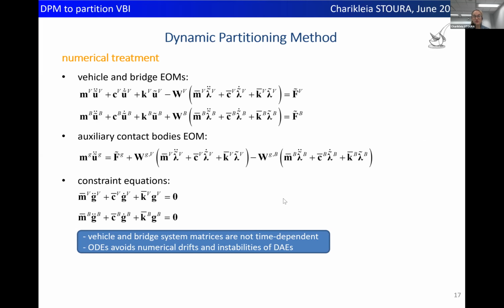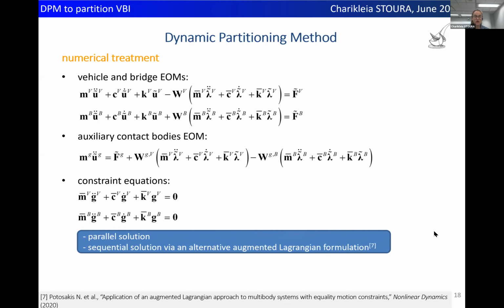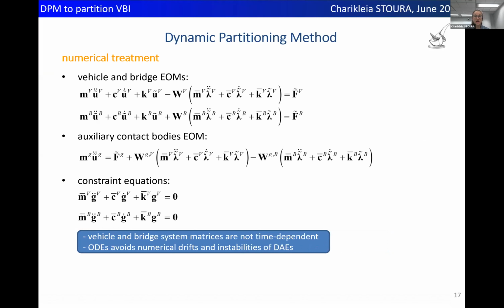The proposed method solves the vehicle and bridge systems separately, which means that the system matrices do not change in time. This is opposite to classic coupled approaches, which in some cases result in time-dependent system matrices. In this way, we can decrease the computational effort, as will also be demonstrated in the numerical applications later.